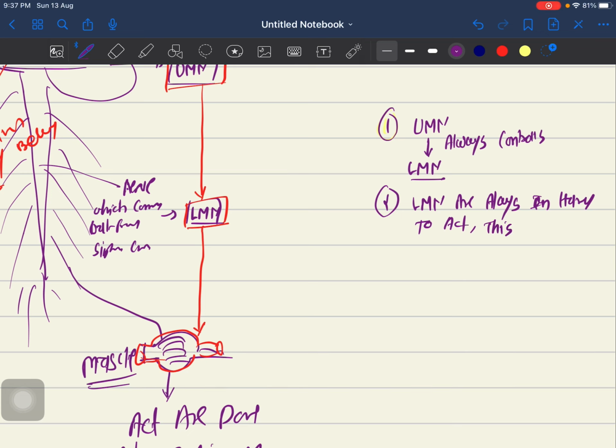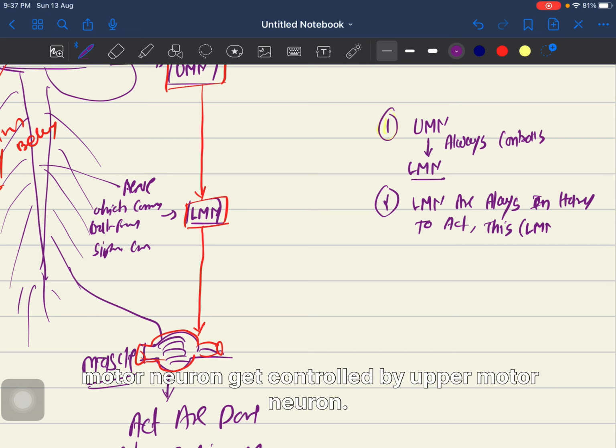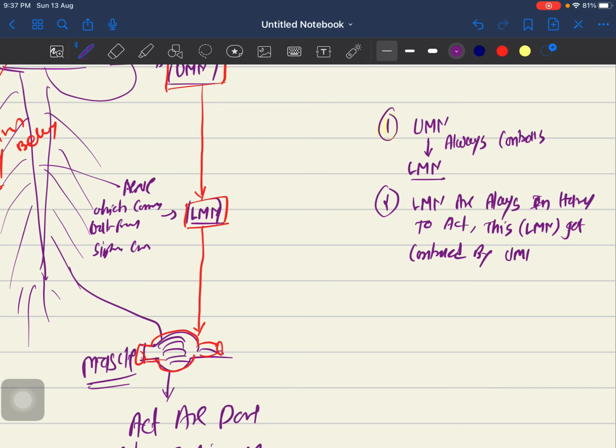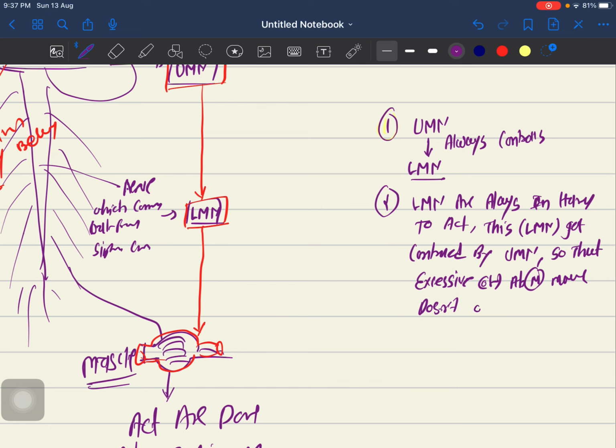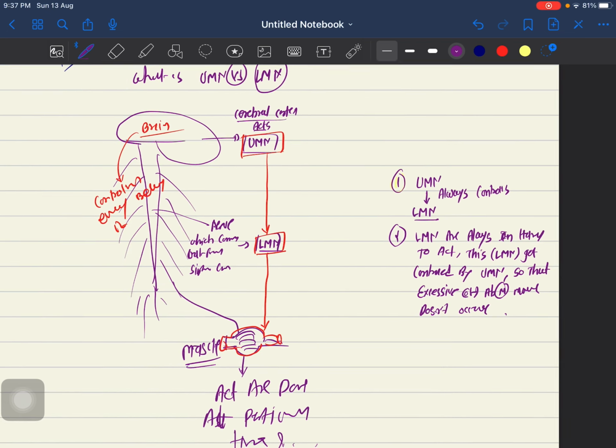This means the lower motor neuron is controlled by the upper motor neuron so that excessive or abnormal movement doesn't occur.